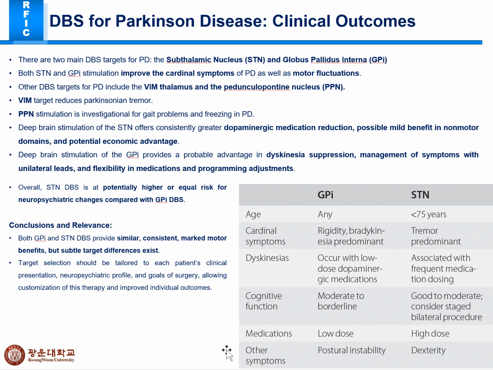This slide is about DBS for Parkinson's clinical outcomes. There are two main DBS targets for PD: the subthalamic nucleus and globus pallidus internus. Both improve cardinal symptoms as well as motor functions. It also targets the VIM thalamus and pedunculopontine nucleus. VIM targeting reduces Parkinson's tremor, and PPN stimulation is investigated for gait problems and freezing in PD.